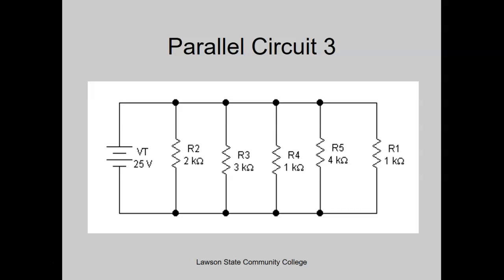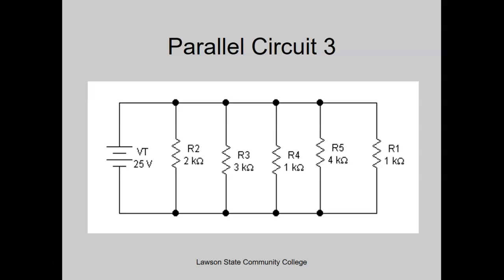So the first thing I need to do is divide my voltage everywhere so everybody gets 25 volts. 12.5 milliamps, 8.3 milliamps, 25 milliamps, 4 kilo ohms, 6.25 milliamps. Okay.